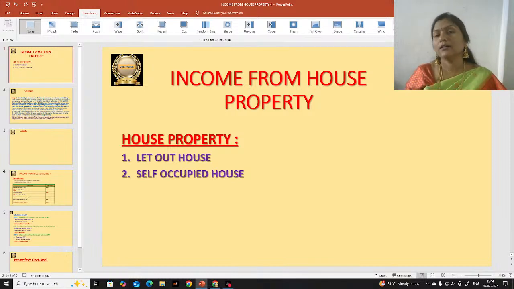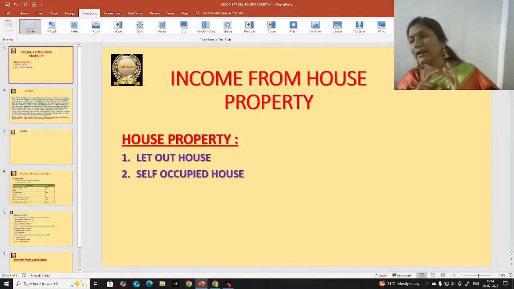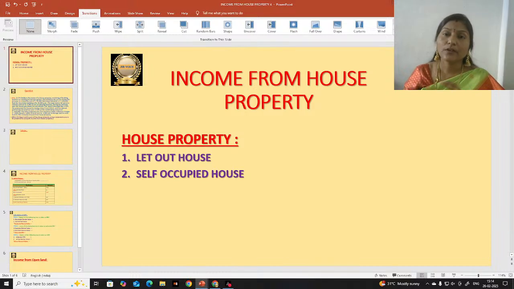So here, in case of income tax, every assessee may have 5 heads of income. One is income from salary, the other is income from house property. Next is income from business or profession, next is income from capital gains, and the last one is income from other sources.